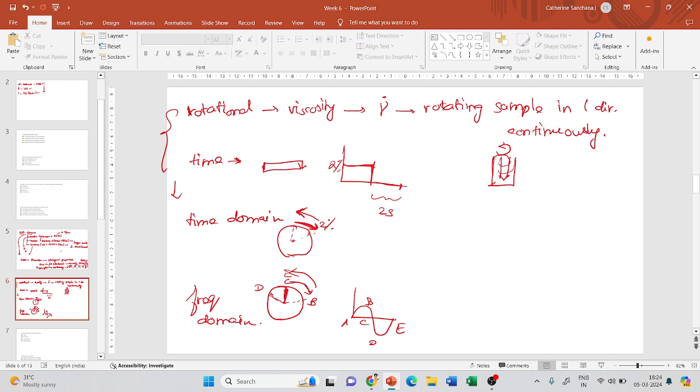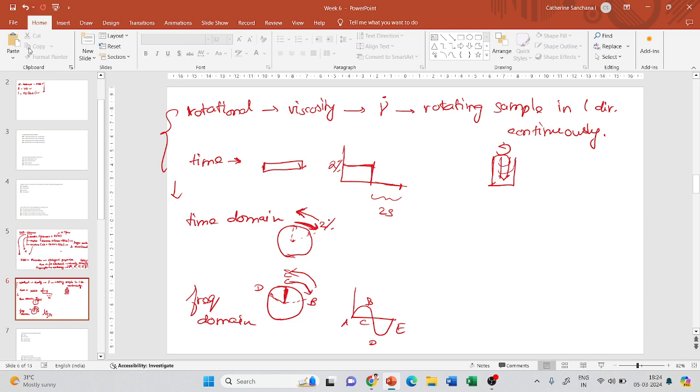Now why am I saying all this? In order to subject the material to these tests, I have to first choose the size of the sample, and also the geometry which I'm using to apply this kind of loading to the sample. So how do we choose that?